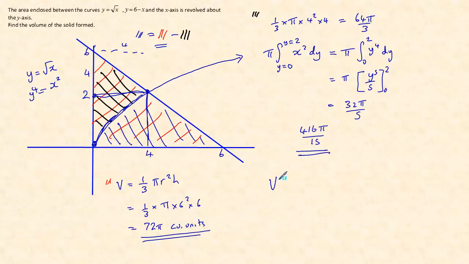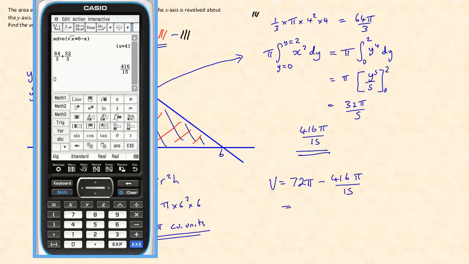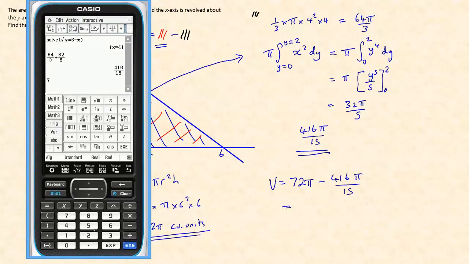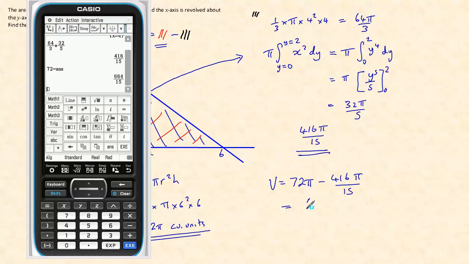So the volume that we want is going to be 72 pi, take away 416 pi by 15. So if we do 72, take away our last answer, that gives us 664 over 15 pi.